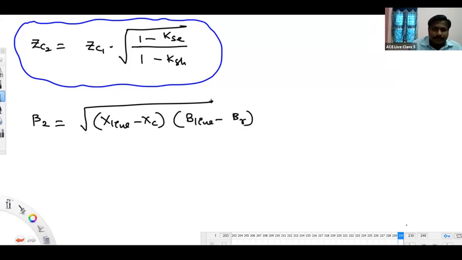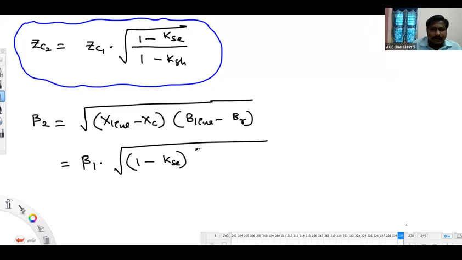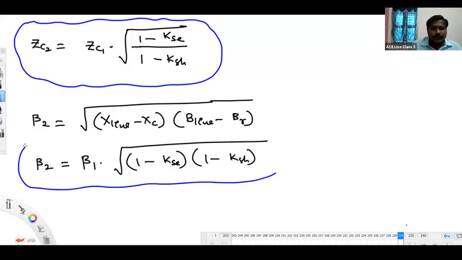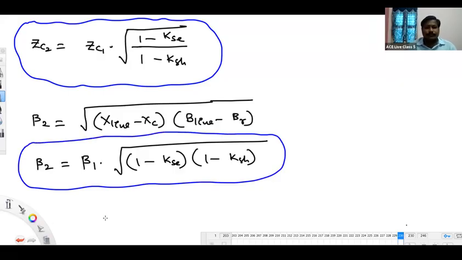If you rewrite this in a simplified way, you get beta 1 into square root of (1 minus KSC) into (1 minus KSH). So it is beta 2, phase constant beta. I think all of you are getting this.